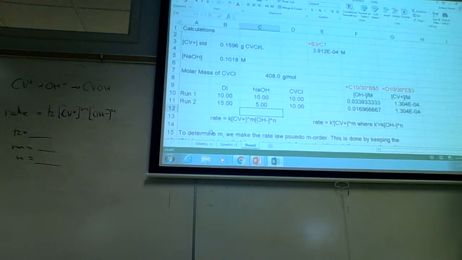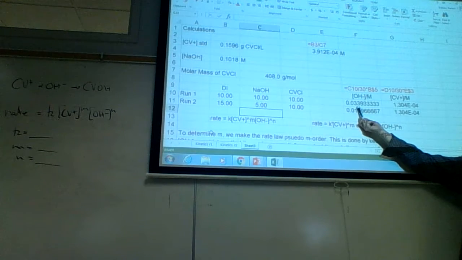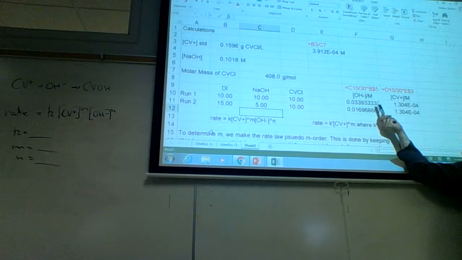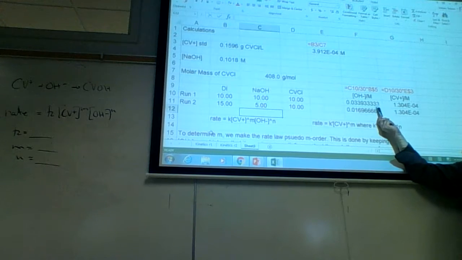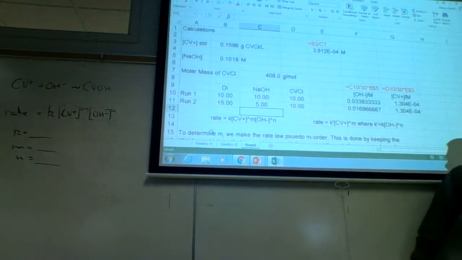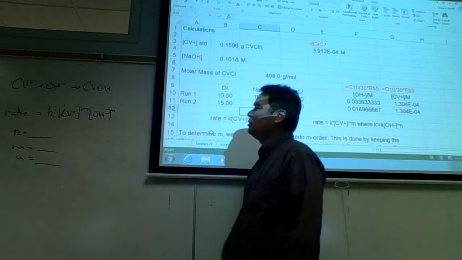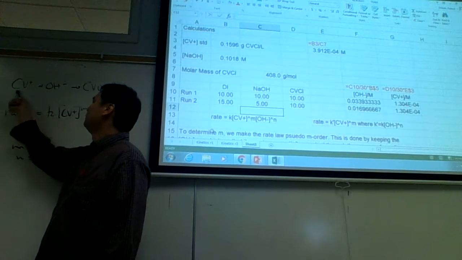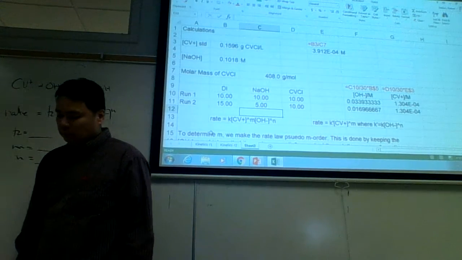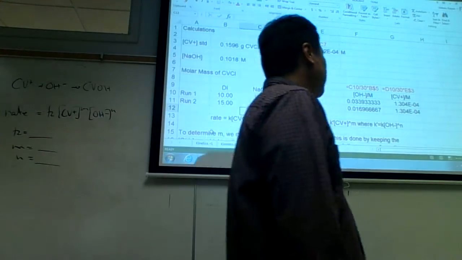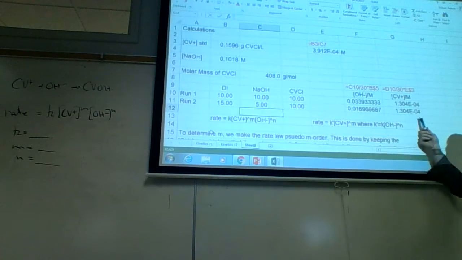The next thing to look at is the concentrations here. This is 10 to the minus 2, this is 10 to the minus 4. And when we look at the reaction, we need a 1-to-1 mole ratio. And so there's going to be an excess reagent and a limiting reagent. What's the limiting reagent here?